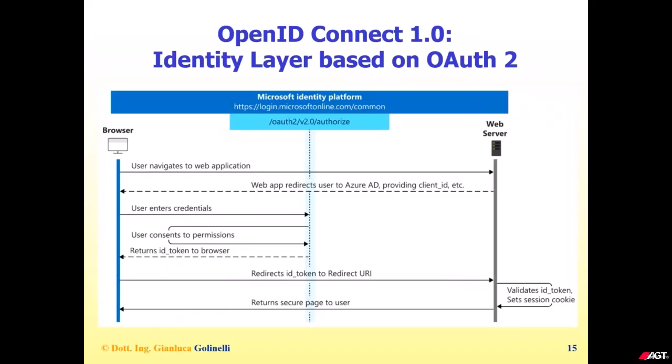In the case of enterprise systems in which you want to implement single sign-on authentication mechanisms or having a heterogeneous client, you can use, for example, the OpenID Connect protocol based on OAuth 2 that uses an identity server on the cloud for the authentication.